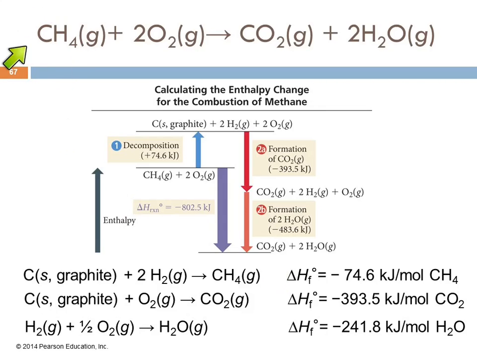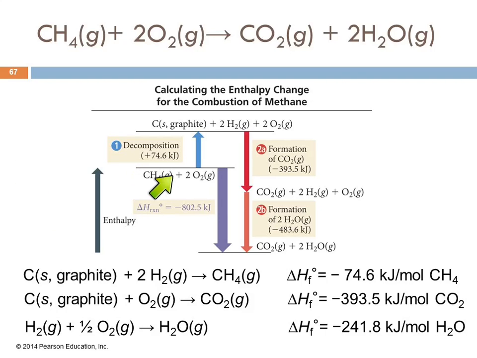This is one of our reactants. So this would be reversed in sign because we're decomposing this, we're decomposing oxygen, but that's already in its standard state, so that one's 0. Then we're forming CO2. Here's the formation reaction for CO2 and its heat of formation. And we're forming water.